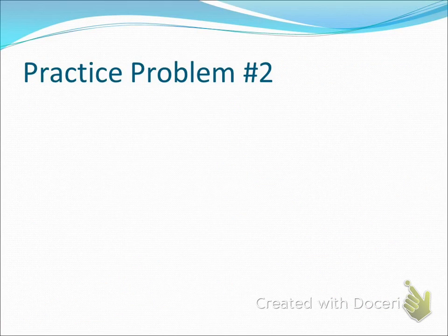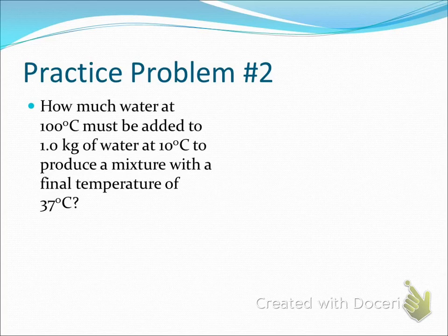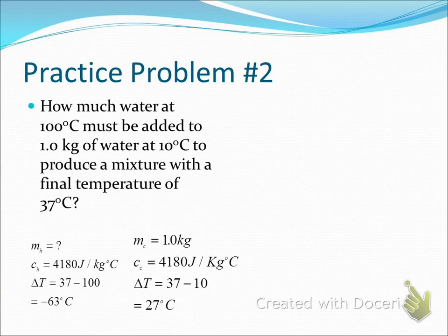So we're going to look at a practice problem, and this will be set up in your notes as well. It's looking at how much water at 100 degrees Celsius must be added to 1 kilogram of water at 10 degrees Celsius to produce a mixture with a final temperature of 37 degrees. So we've got to define this in two areas: first of all, our hot information and our cold information.